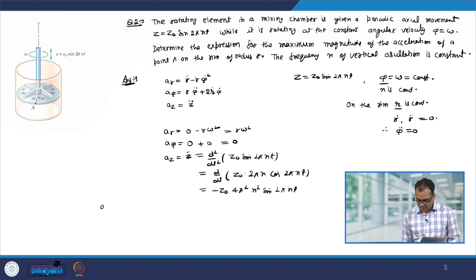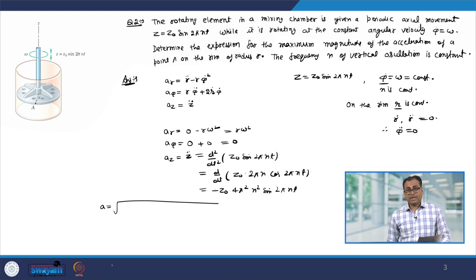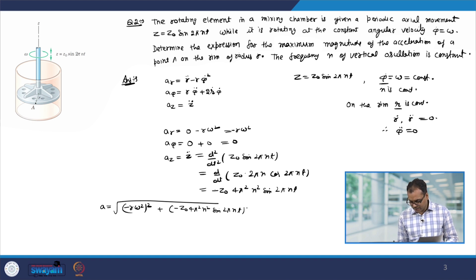Therefore, I can write down the magnitude of A. It will be square root of a r square plus a phi square plus a z square. So, minus r omega square whole square plus minus z naught 4 pi square n square sin 2 pi n t whole square. Now, note that in the question we are asked to find the expression for maximum acceleration.